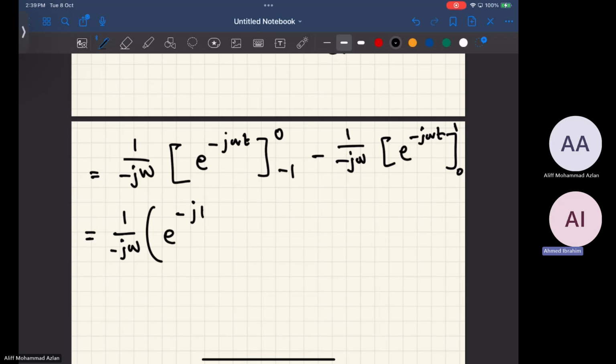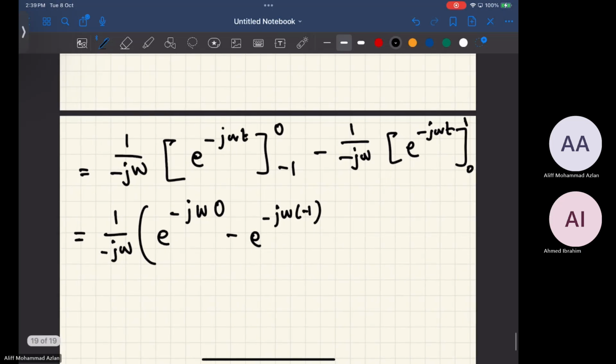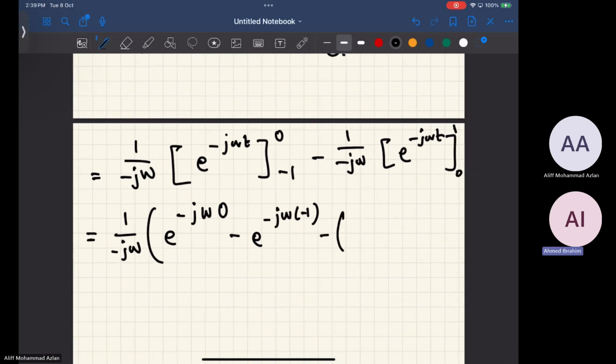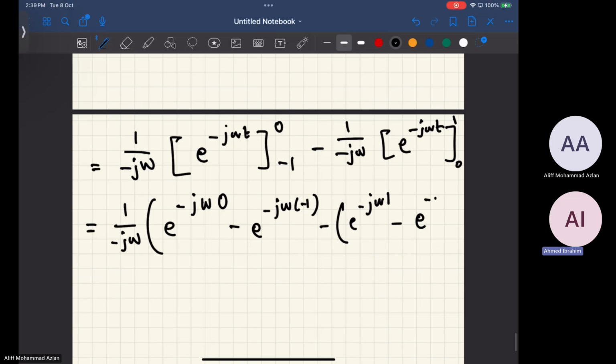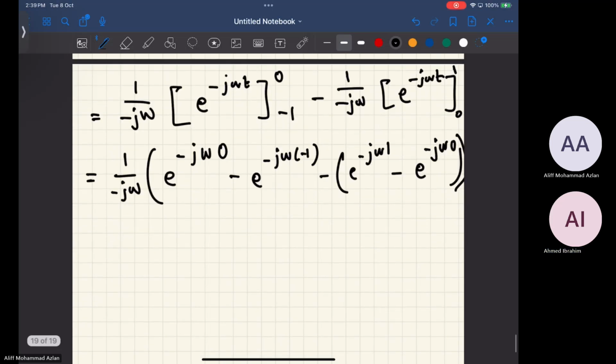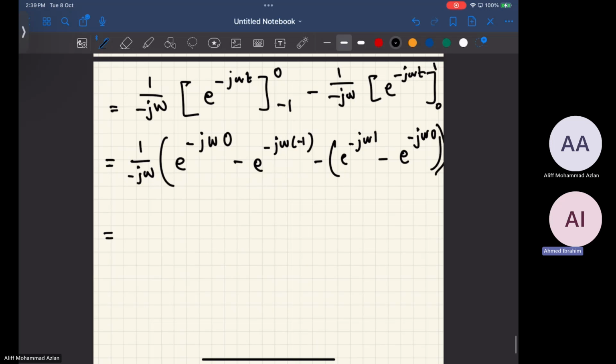So e to the minus j omega 0 minus e to the minus j omega minus 1. And then minus e to the minus j omega 1 minus e to the minus j omega 0. Here we've got e to the 0 and another e to the 0.